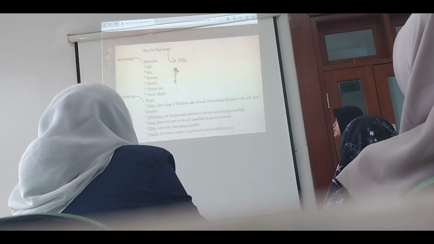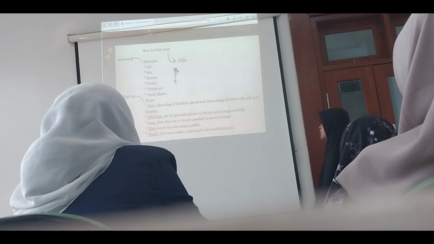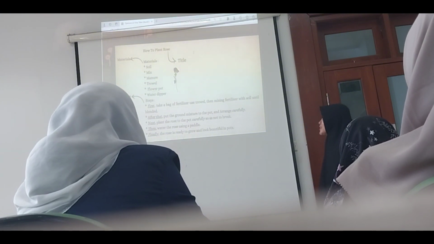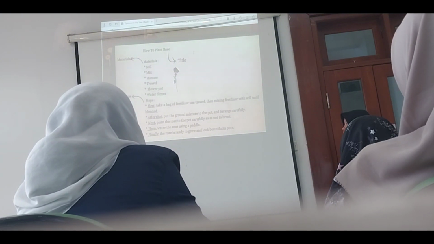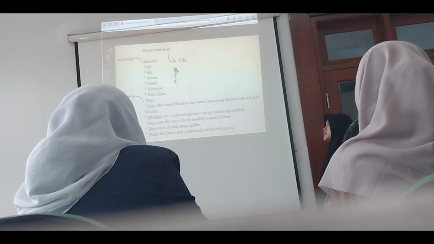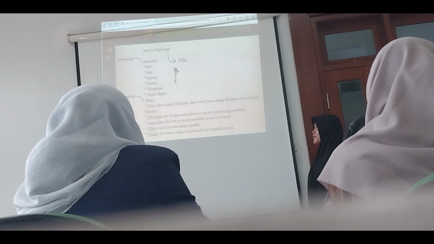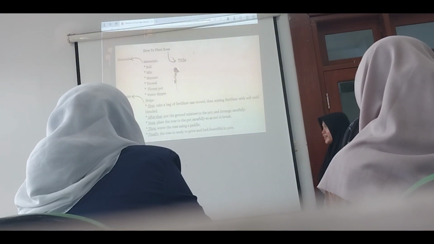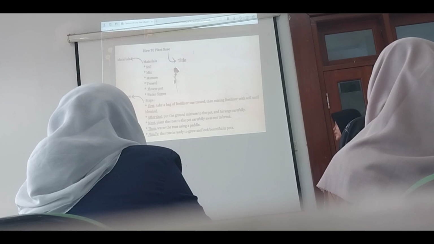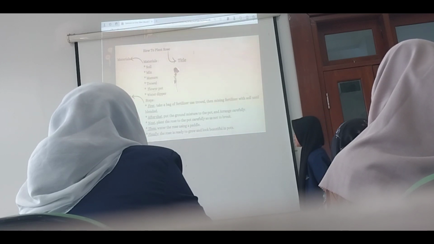After that, put the ground mixture into the pot and arrange carefully. Next, plant the roots in the pot carefully so as not to break. Then, water the roots using a paddle. Finally, the roots are ready to grow and look beautiful in the pot.